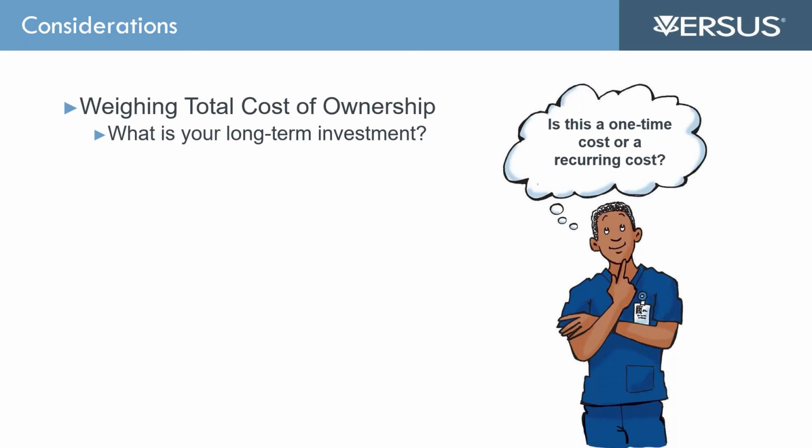Initial hardware and install on one system might seem prohibitive, but the long-term costs are pretty minimal, as opposed to something that's a little easier to swallow up front, but in the long run may require more maintenance or costs. So thinking about that investment with a long-term view, I think, is important when considering the different options.